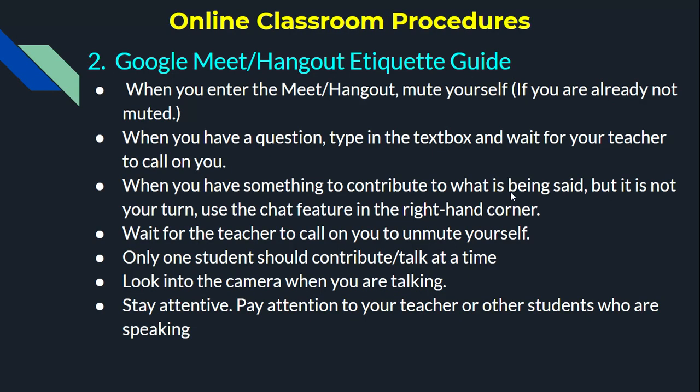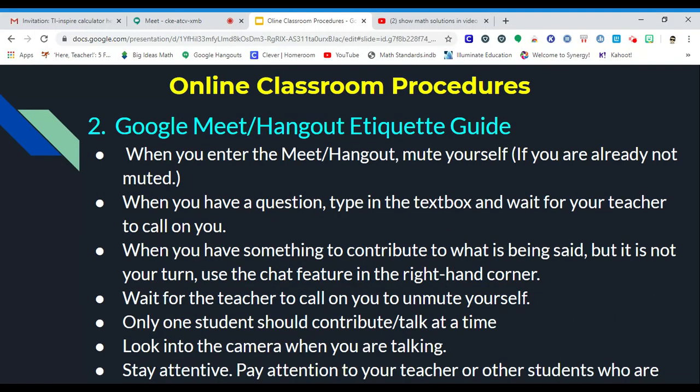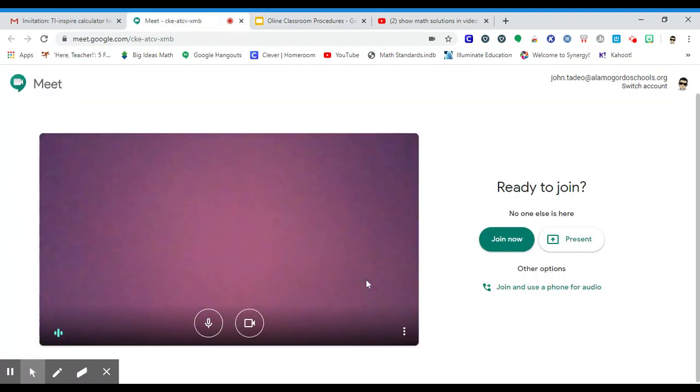Now, the Google Meet Hangouts etiquette guide. What should be done during our live video sessions? First, when you enter the Meet or the Hangouts, always mute yourself if you are not already muted. Meaning, if you will be joining the Google Hangouts Meet, you just need to click that microphone button to turn off your microphone.